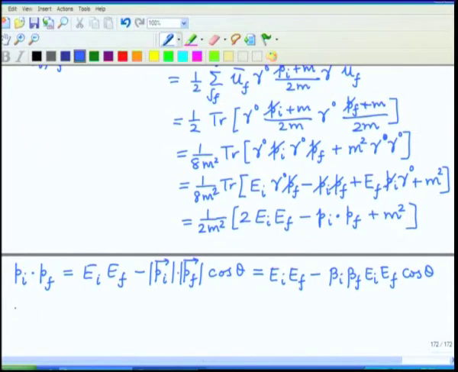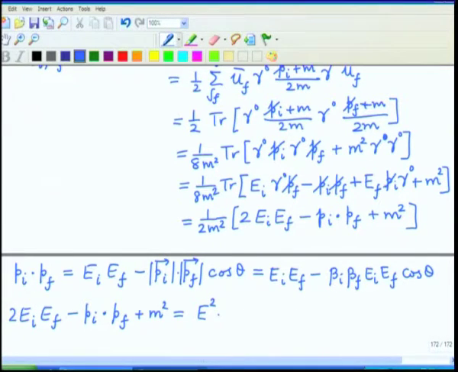So, this object 2 E_i E_f minus p_i dotted with p_f plus m square is now, 1 E_i E_f cancels, the two are equal. So, it is E square.